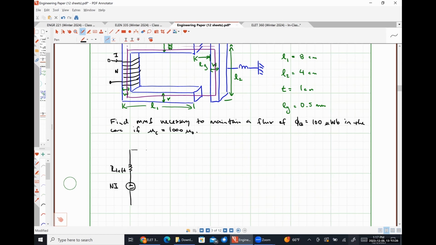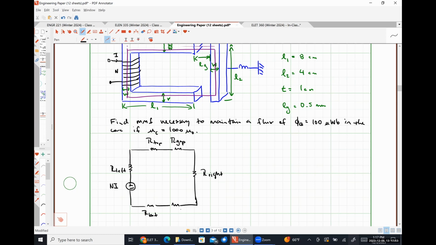Then we have the reluctance of our top branch in series with the reluctance of our gap. Here's the reluctance of our right branch. Then down here we have our bottom.